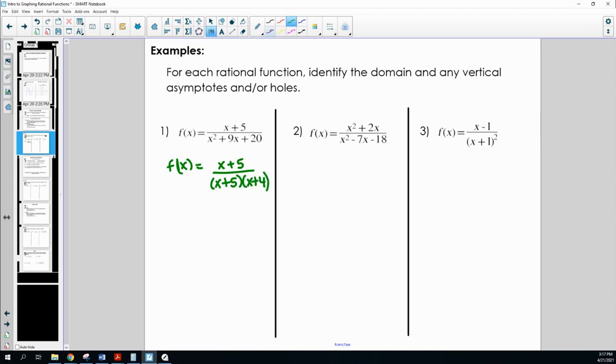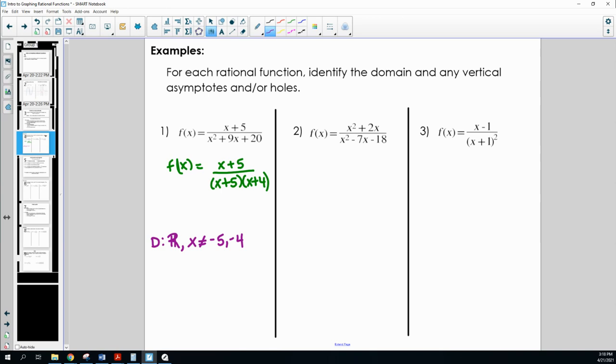Okay, so before I do any type of simplifying, what I want to do is find my domain. So the domain is going to be all real numbers, except x cannot equal whatever our restrictions are. And we can see from here, whatever makes our denominator 0 are the restrictions. So x can't be -5 or -4. So that would be our domain.